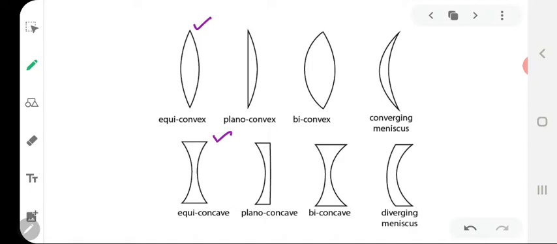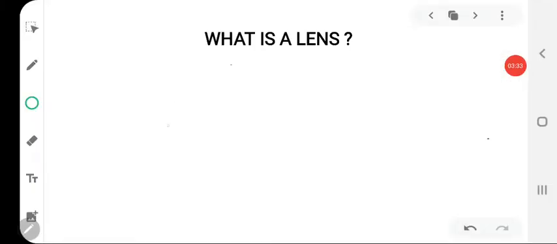Now let me show you how lenses are formed. So again, coming back to the previous screen, I would show you how, first of all, a convex lens is formed.